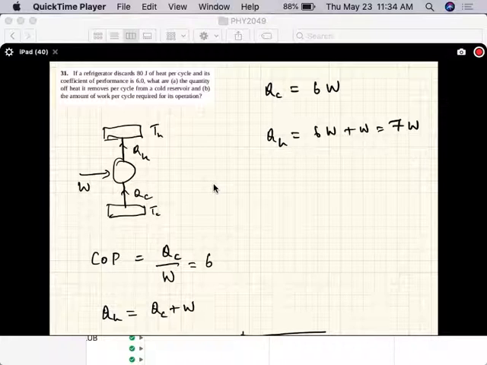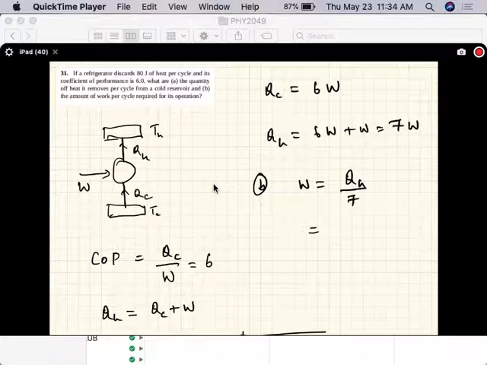The problem tells you you are discarding 80 joules of heat per cycle, and its coefficient of performance is 6. So what is the quantity of heat removed and the amount of work done per cycle? The amount of work done per cycle is QH by 7.